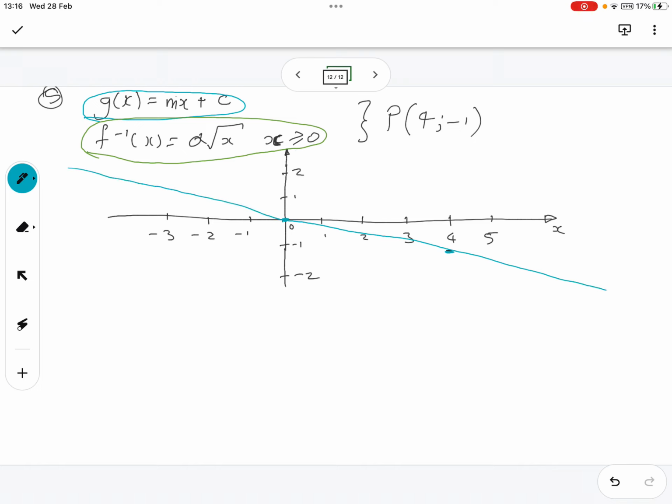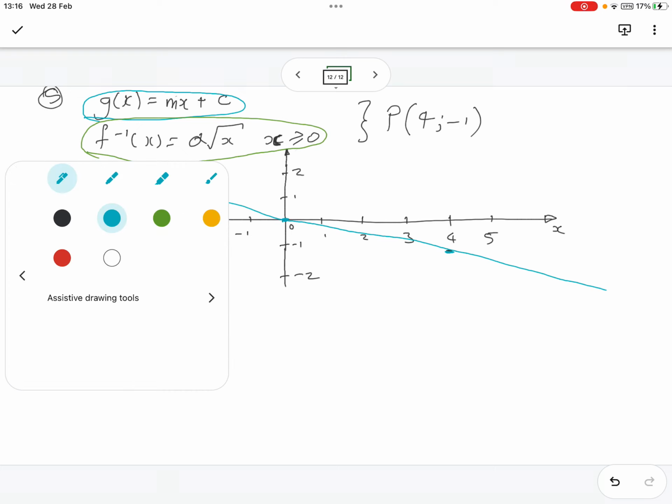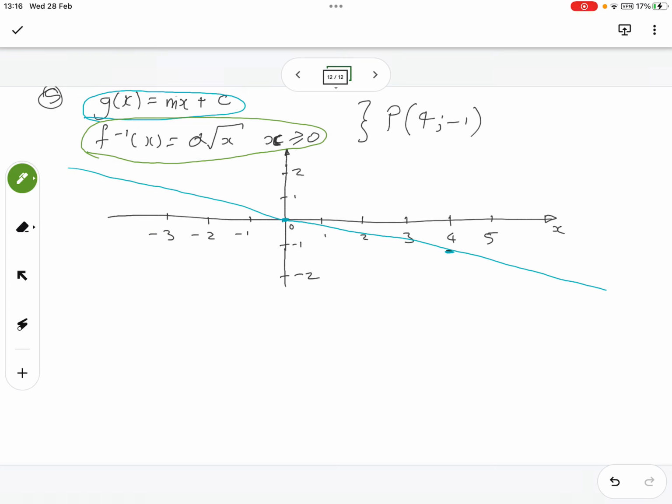The curve, the parabola, also starts at 0, 0 and curves something like that.